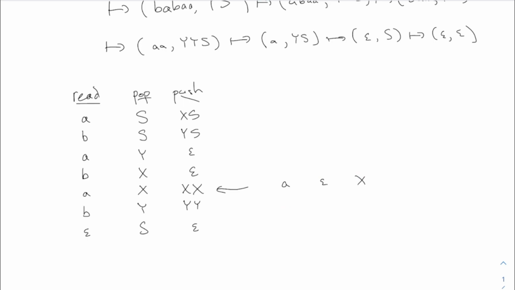If there's already a y on the stack and you read a, you should cancel the y. But if you instead do this rule, you will add an x in front of the y, which messes everything up. So really, if you put an epsilon here, then that means you can do this rule whenever you want, which is sometimes a bad idea. You only want to do this rule when there's already an x on the stack. So this is a better way of writing it, I think.